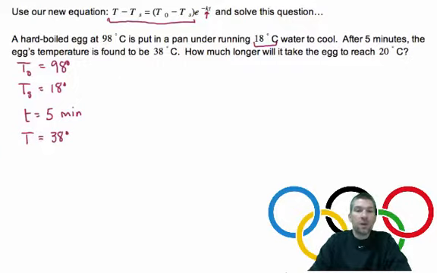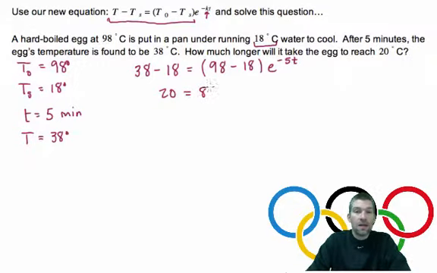Okay? So 38 minus 18, and I'm just substituting into Newton's law that's written right there at the top of the page. The initial temperature, 98, minus the surrounding temperature, 18, times e to the negative 5k. Okay? So 38 minus 18 is 20. 98 minus 18 is 80.